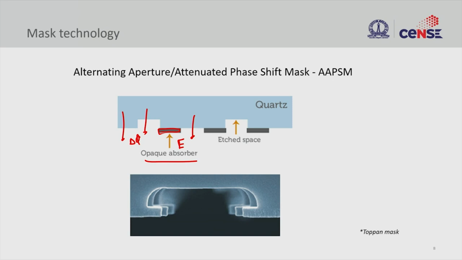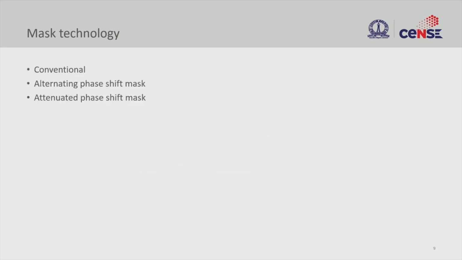But nonetheless, if you have repetitive features, your phase shift mask or attenuated phase shift mask or advanced phase shift masks are going to be very useful in achieving the required resolution. And as I mentioned, you can either use conventional technology, or you can use alternating phase shift mask.